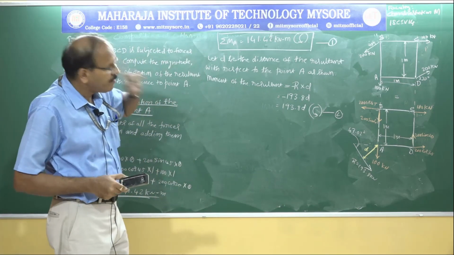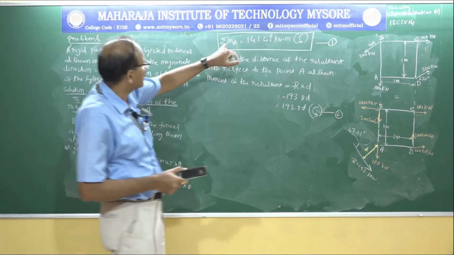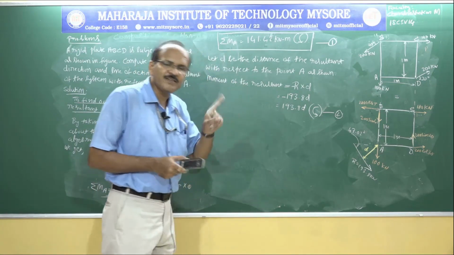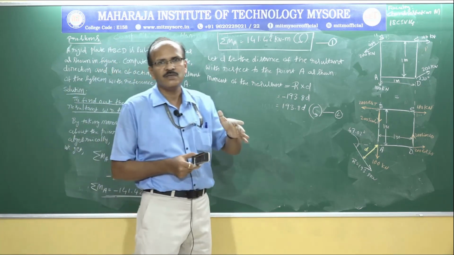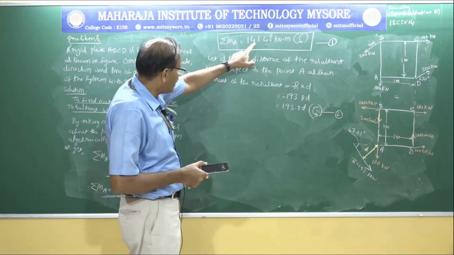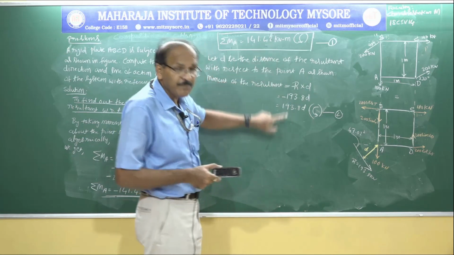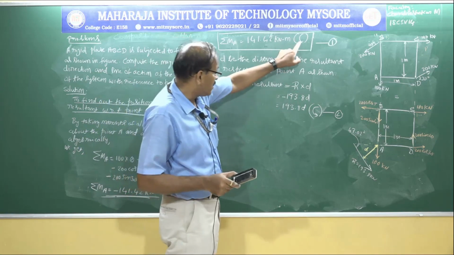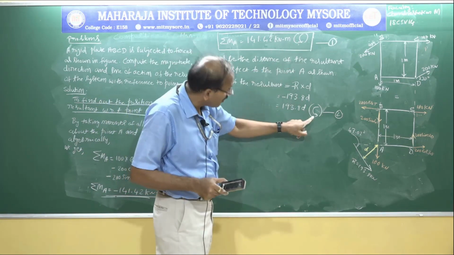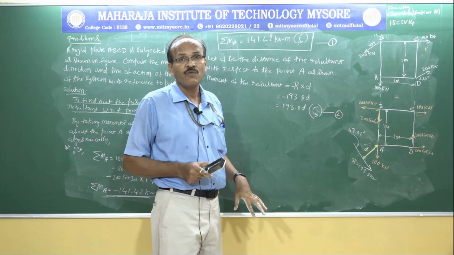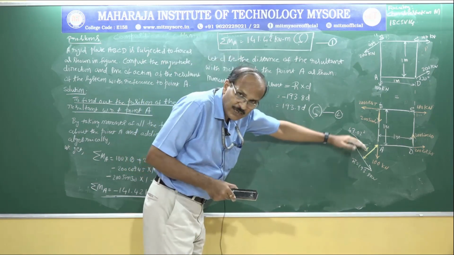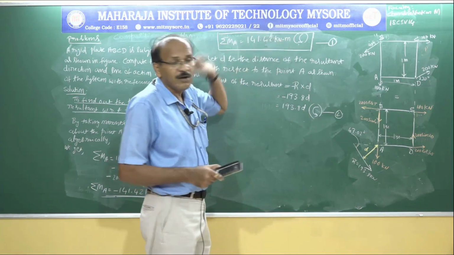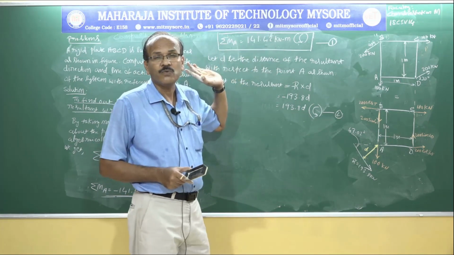We know the algebraic sum of moments of all the forces about a point is equal to the moment of the resultant about the same point. So if you look here, these two can be equated without putting plus or minus, because this is counterclockwise, this is also counterclockwise. We fix the position, that is on which side the resultant falls, by applying logic, by looking at this value.